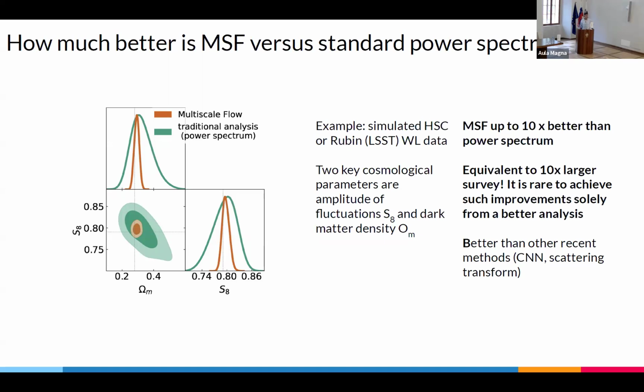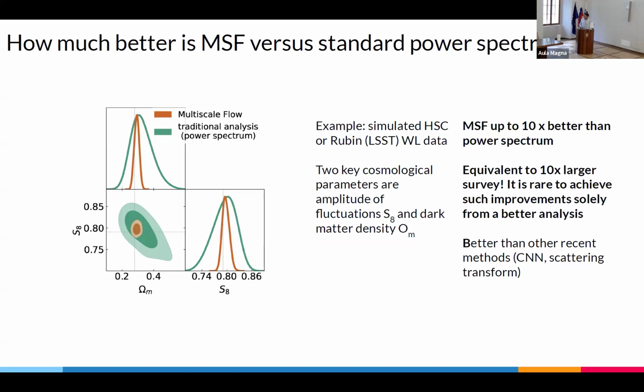We don't have all of the systematics in this analysis yet, but certainly it looks very promising in terms of giving us a lot more statistical power for spectral analysis. I also want to emphasize that this approach appears to be better than some of the alternative methods that have been applied to this kind of cosmology data, such as scattering transforms.